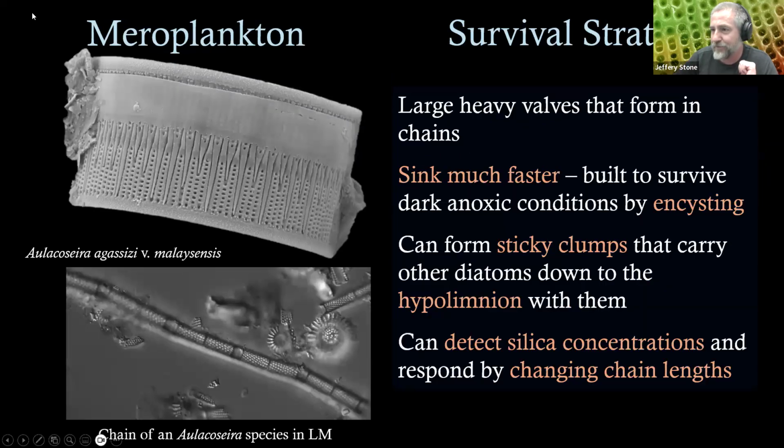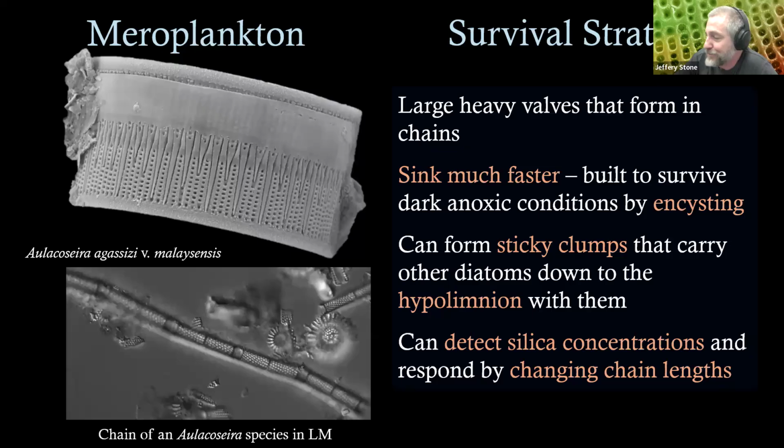Another broad group that I often separate out are what I call meroplankton. Some people refer to them as tychoplankton, but I actually think that their lifestyle is intentionally staged. These usually form large, heavy valves, and they commonly form colonies. And a consequence of this is they tend to sink a lot faster.